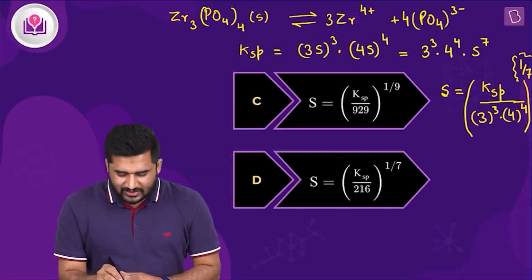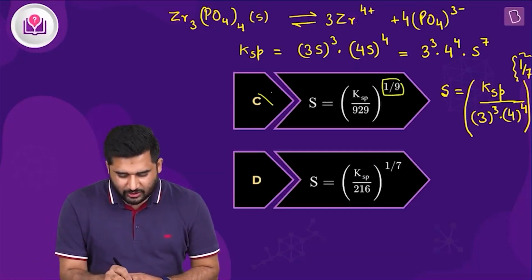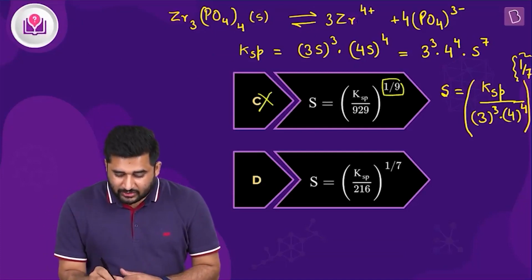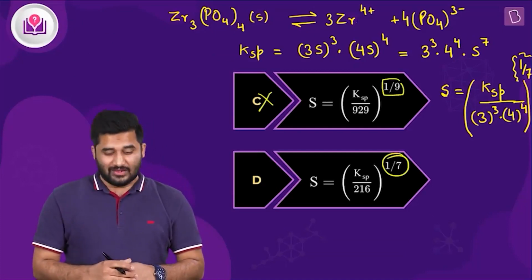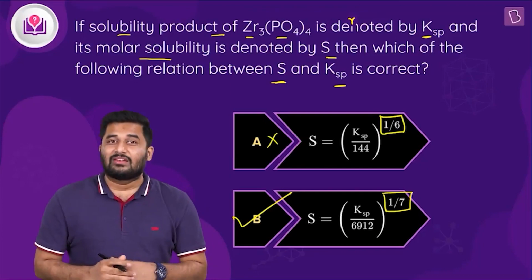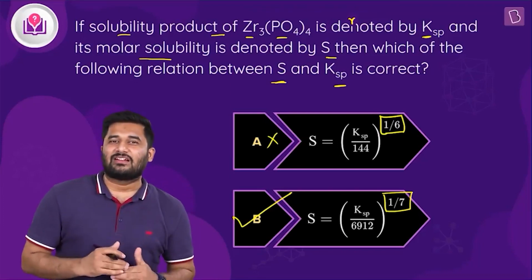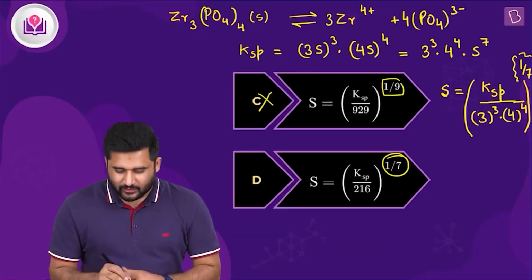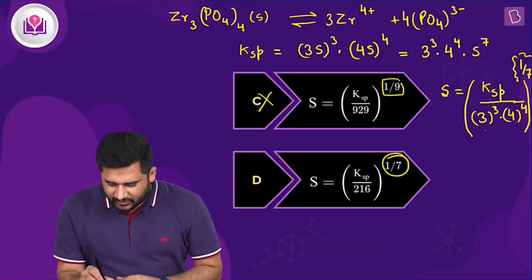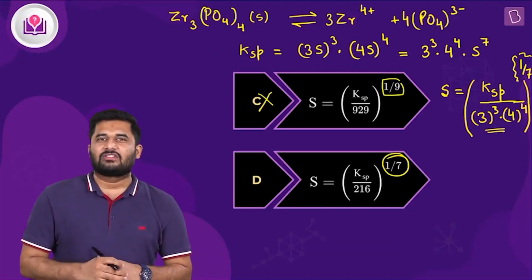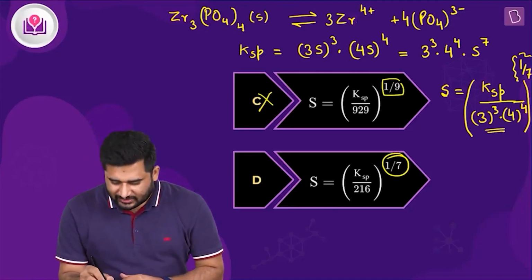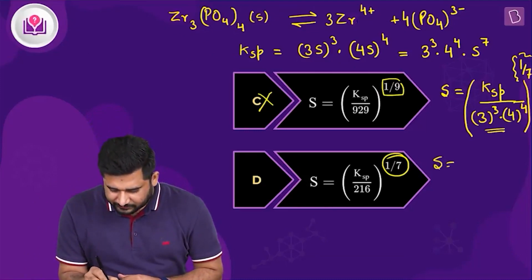Moving to option C, here you can see it is 1 by 9, not possible. And in option D also it is 1 by 7, which means now there is a confusion whether B will be the right answer or D. So let's see which one will be the right answer. Now we need to do the multiplication for this denominator term. You can see 3 raised to power 3 is 27.